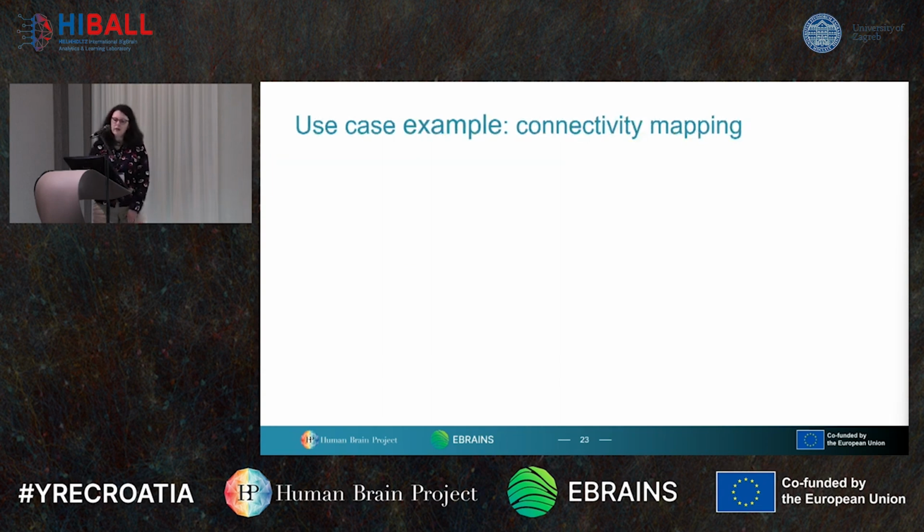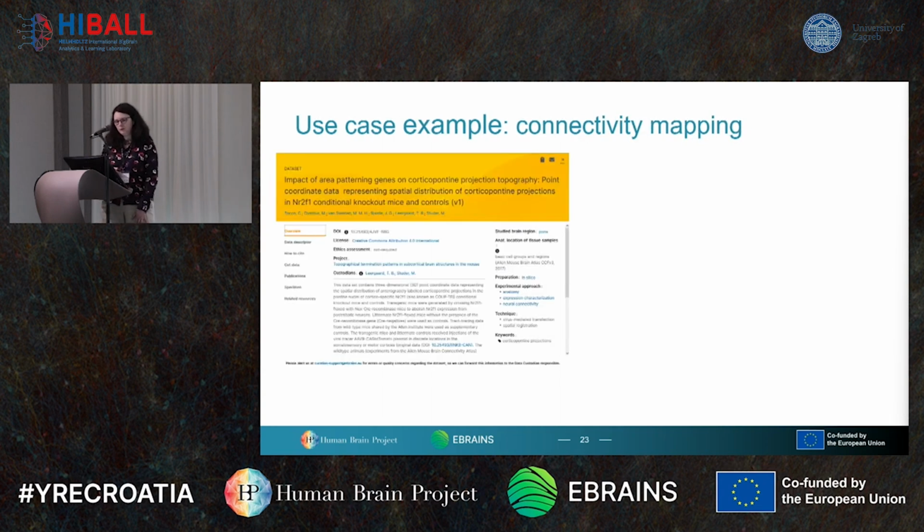Another example is connectivity mapping. For example, here, colleagues of ours, Takuya and Trygve, looked at the impact of a gene, NR2F1, in the connectivity between the cortex and the pons regions. And they mapped those connectivity relations both in wild type and conditional knockouts.